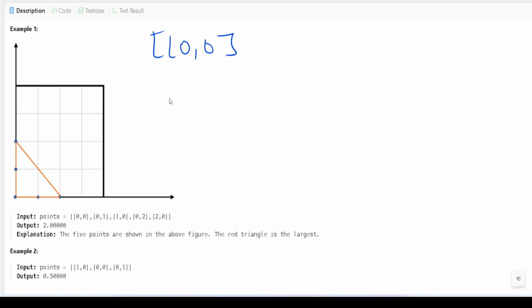This point we will call A, then B, C, D, and then E. So these are the points we have been given: A, B is 0, 1, then C, then we can take 0, 2, this is D, and this is E. You understand, right? This is what we have been given.